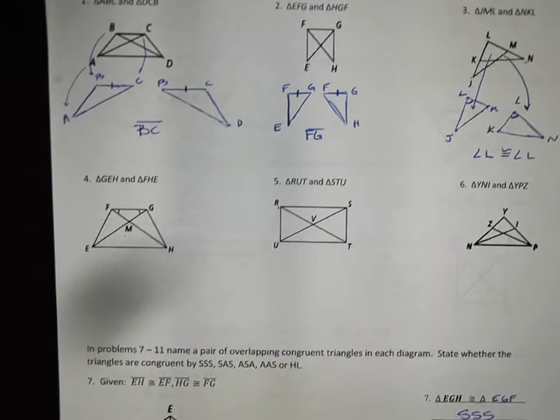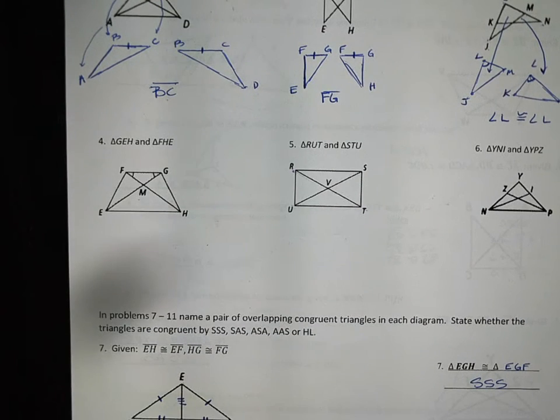Okay. So what did you get for number 4? What did the two triangles share? What part? FG. Line segment FG? Yeah, you guys agree with that? Yes? FG? We agree. Okay. So let's look at what triangle we're talking about here.